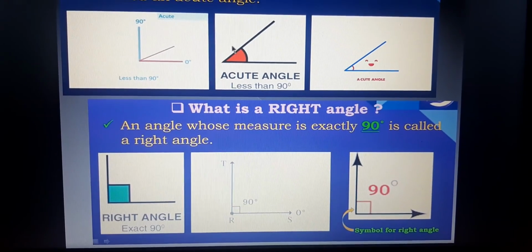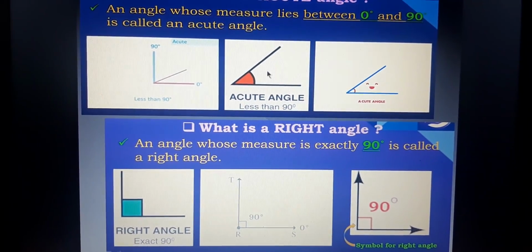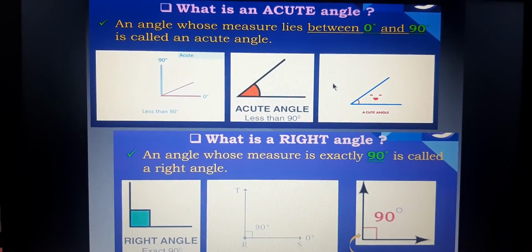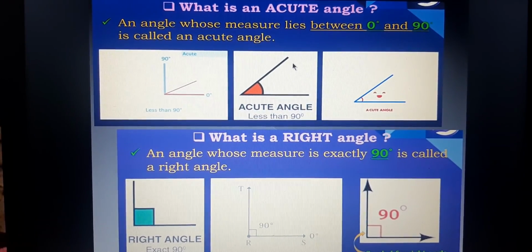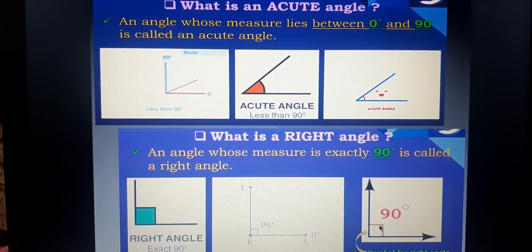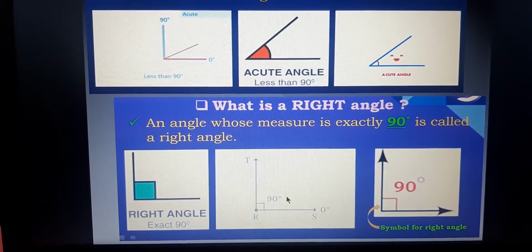Whereas for the acute angle, it is between 0 and 90, so you have to mark it and mention whatever the measure is. Here we are discussing only the angle names. We will see the measurements in the next class. Okay, acute angle, right angle, you came to know that. We will go to the next one. The symbol used for 90 degrees is in this way. You have to mention the degree here.